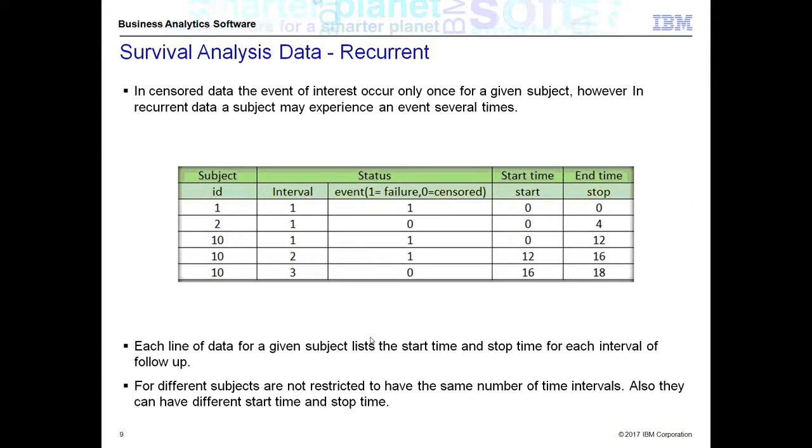Like subject 1, there is only one interval, and for subject 10, there are 3 intervals. Each interval can have a different start time and end time. But for the first interval in every subject, the beginning time should be 0, and the ending time of one interval should be the beginning time of the next interval.